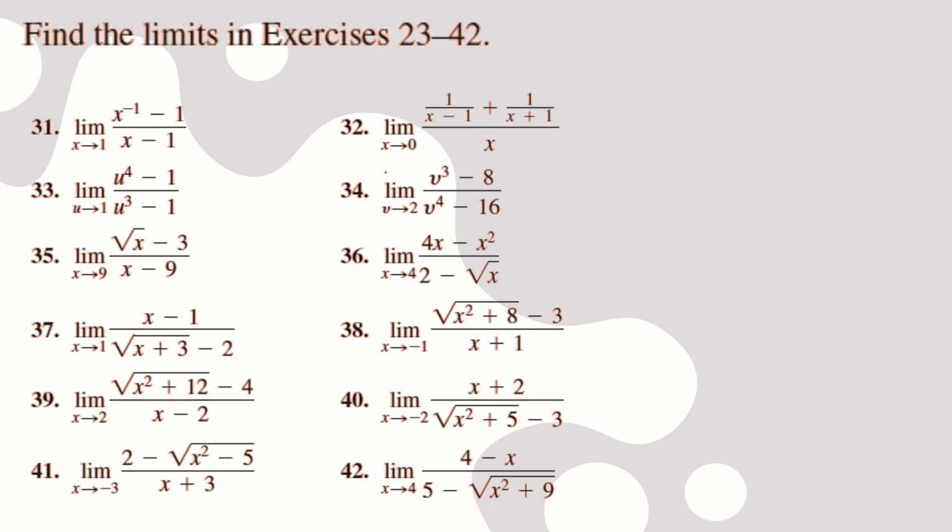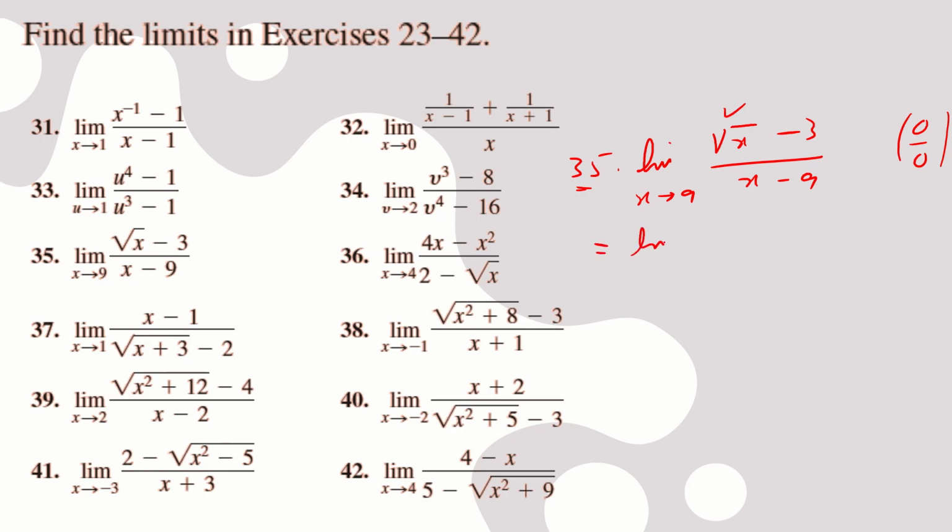If you go for question 35, we have limit x goes to 9 of under root x minus 3 divided by x minus 9. If you put x equal to 9, we are getting 0 by 0, and it involves a square root, so we will be multiplying and dividing by the conjugate. We do rationalization, multiplying by under root x plus 3.